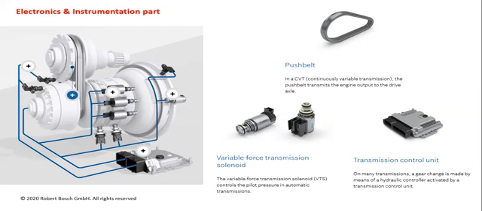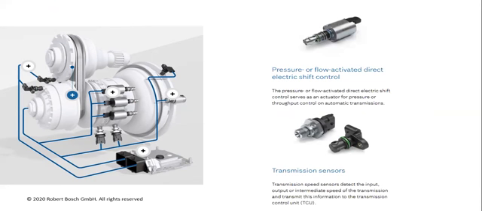And next shown here is the variable force transmission solenoid, known as VTS, which controls the pilot pressure in automatic transmissions. And then the transmission control unit, which controls the overall transmission system. On many transmissions, a gear change is made by means of a hydraulic controller activated by a transmission control unit.